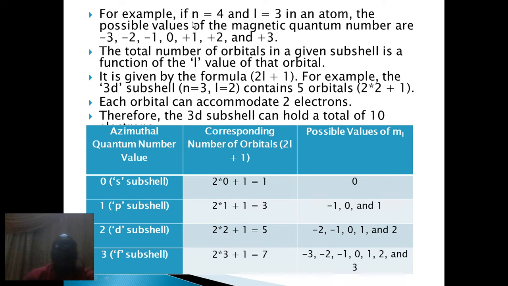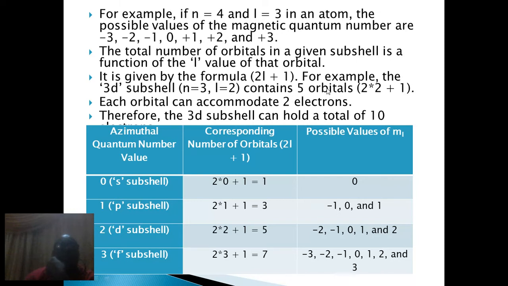Now, for instance, if n is 4 and L is 3 in an atom, the possible values of the magnetic quantum number are minus 3, minus 2, minus 1, 0, plus 1, plus 2, and plus 3. The total number of orbitals in a given subshell is a function of the L value of that orbital. It is given by the formula 2L plus 1. For example, in the 3D subshell, n is equal to 3, L is equal to 2.